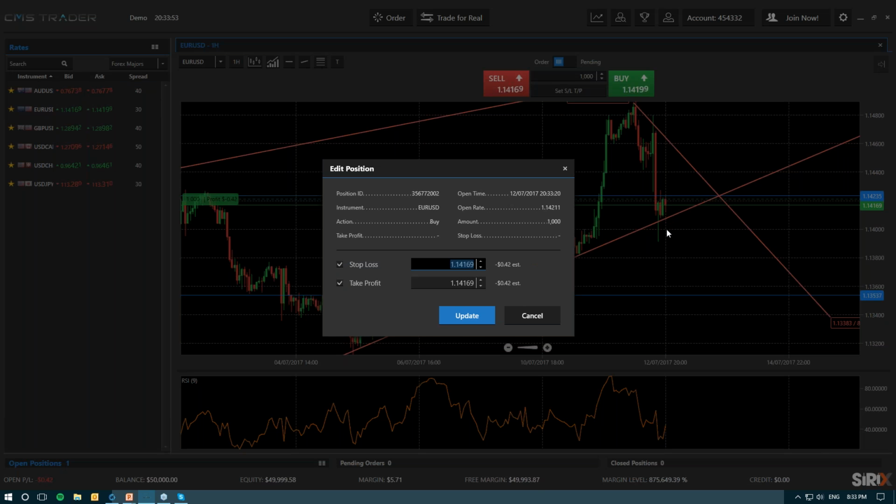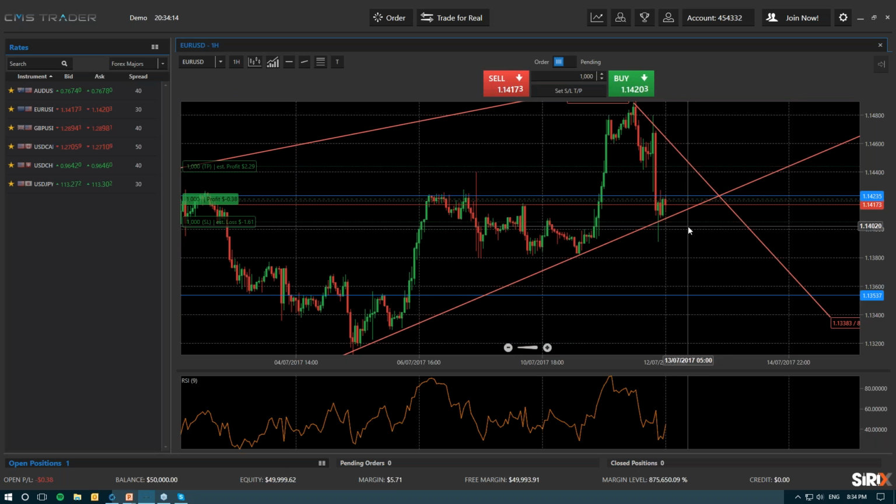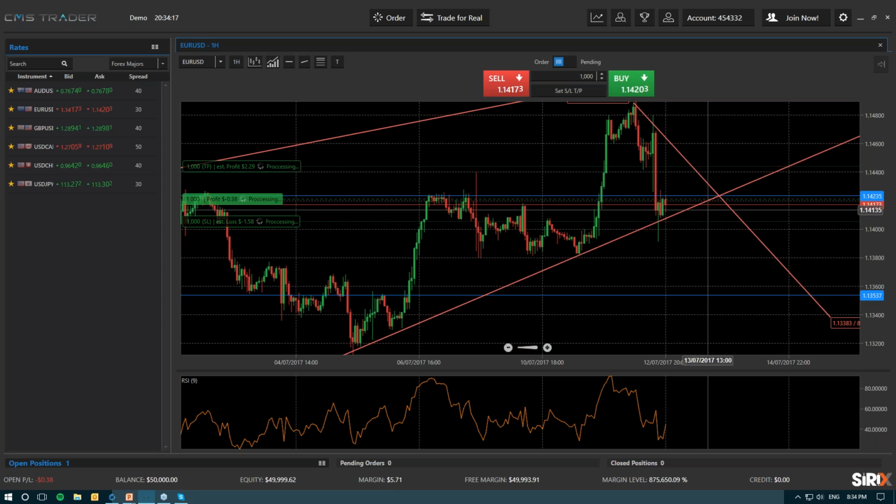What is that? 1.14050, something like that. And take profit, roughly over here if I take this angle, so 1.1444. Update.